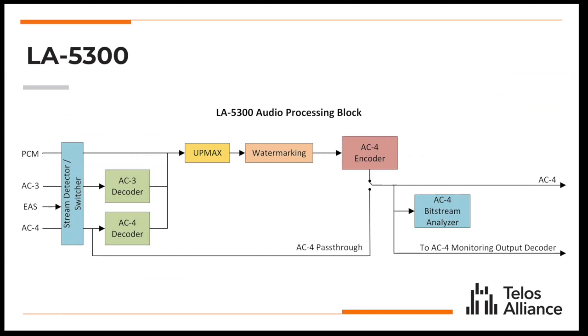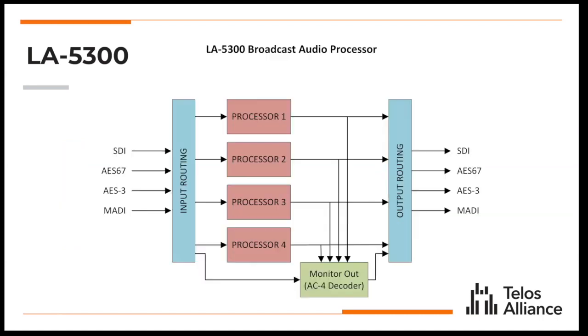We provide bitstream analysis of each output and an output to a monitoring confidence decode that's built into the unit. We're looking to have up to 4 of those processing blocks running simultaneously in here with a single instance of the confidence decoder out.